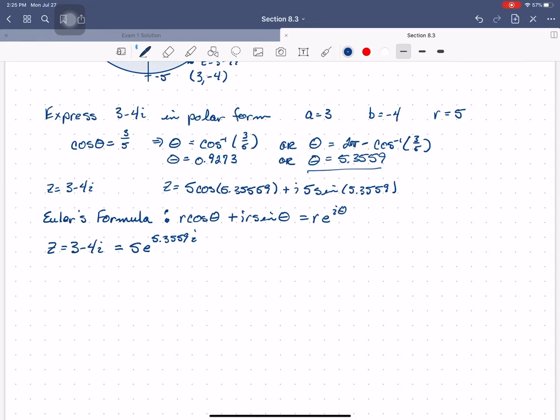Okay. This is rectangular form. This is polar form.